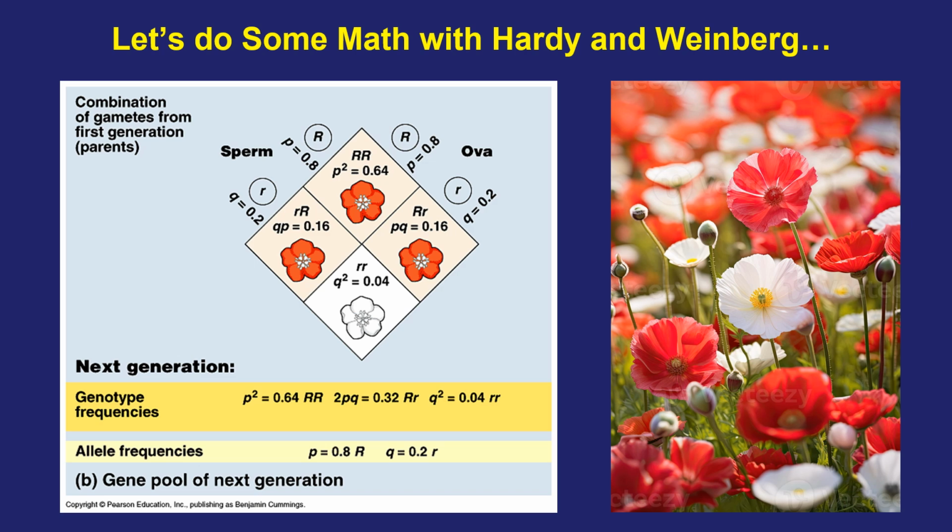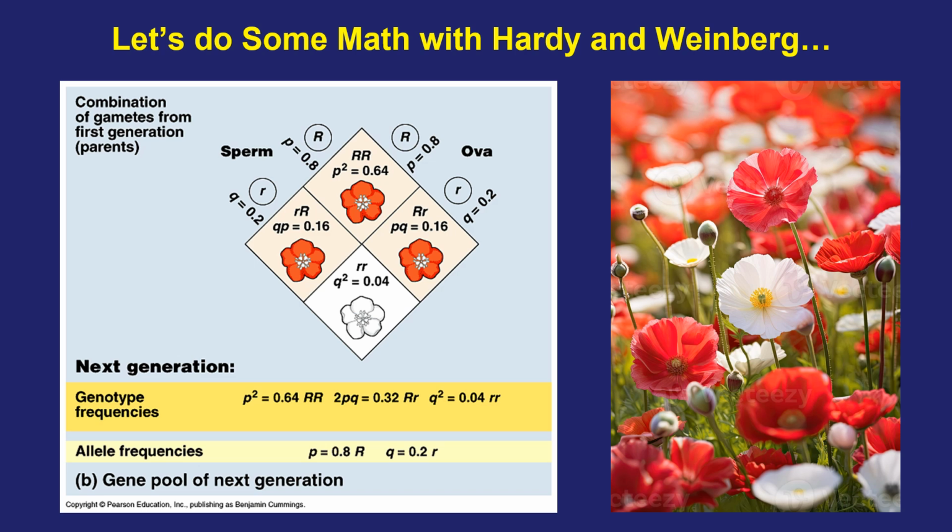Now we cross these in our Punnett square just like we would do normally. So if we cross one dominant allele from the sperm, one dominant allele from the ova, just the egg, bring those together, again, we have our 0.64 value. And in the equation, that's going to be p squared, p times p. For our homozygous recessive, we're crossing a value of 0.2 with a value of 0.2, and we're getting a value of 0.04, and that's q squared in our equation, again, as we'll see in just a second.